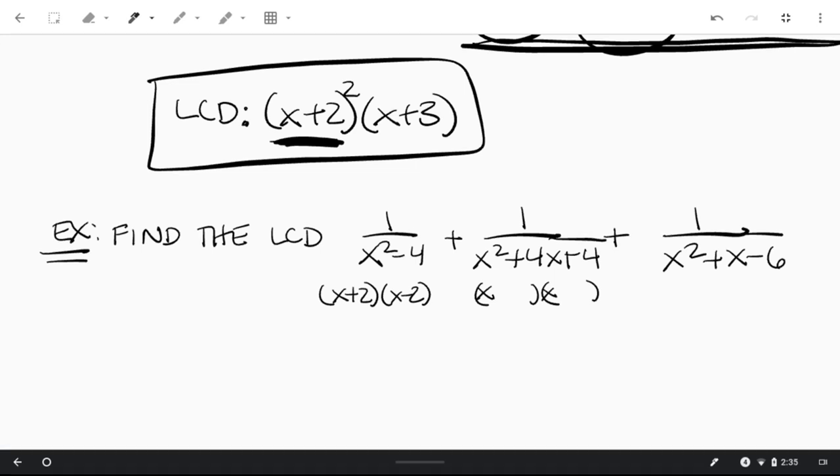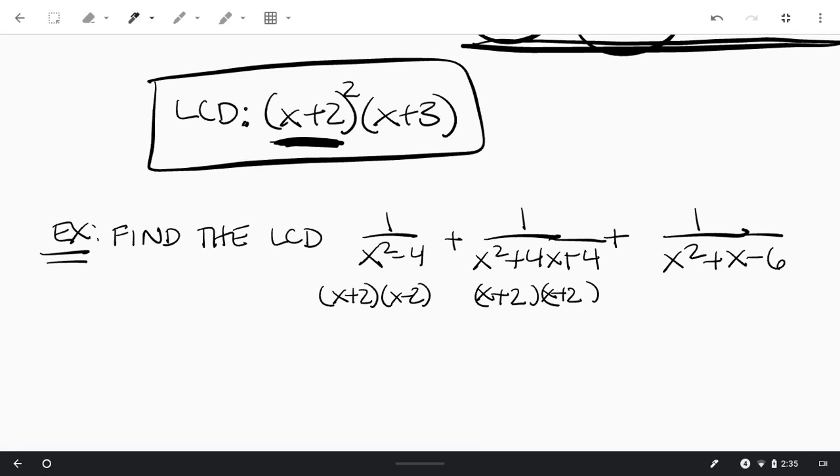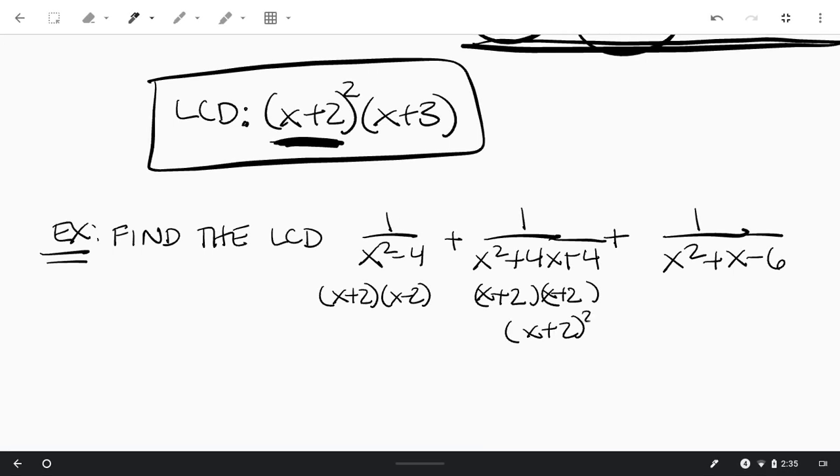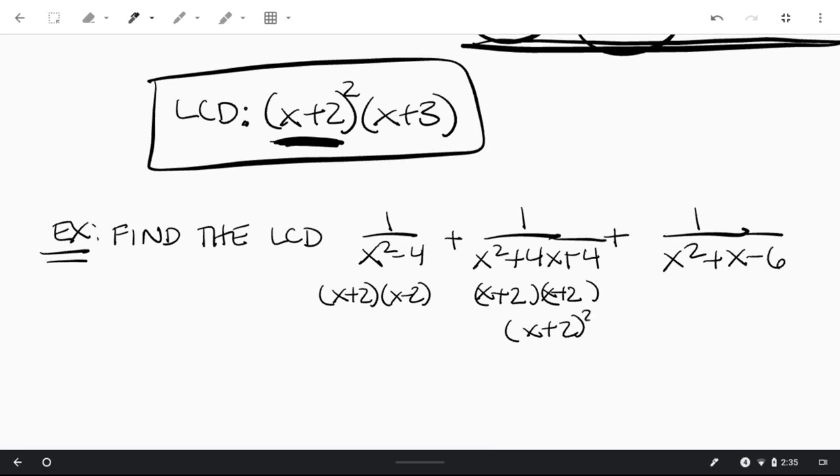Okay, so we see here this is x plus 2, x plus 2. Okay, so this is what we mean by, okay, use exponents if possible. So here, don't leave it like that because our LCD depends on these exponents. So use the exponent if you have repeated factors.